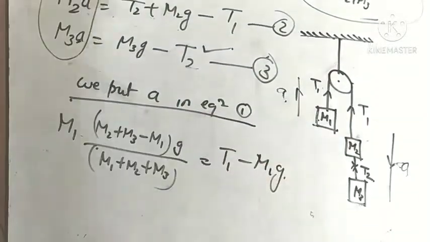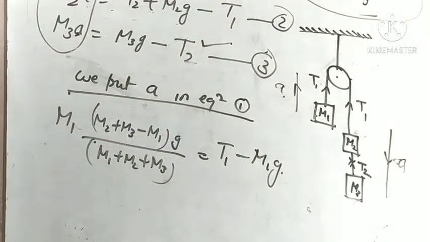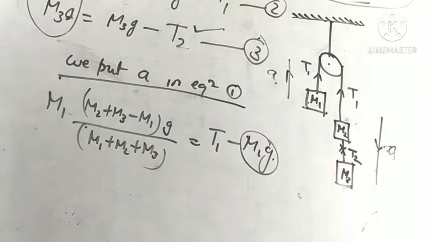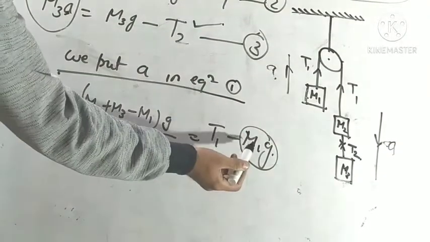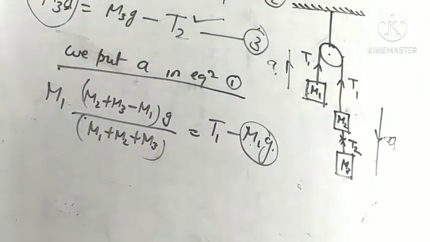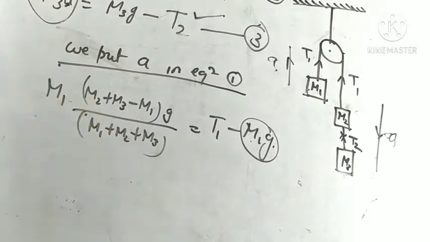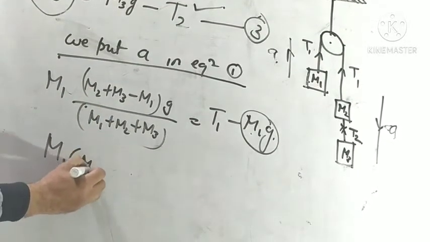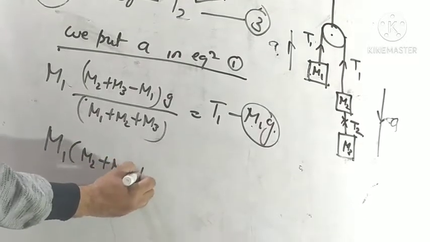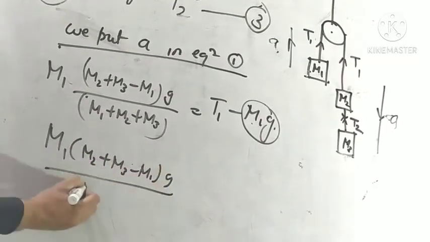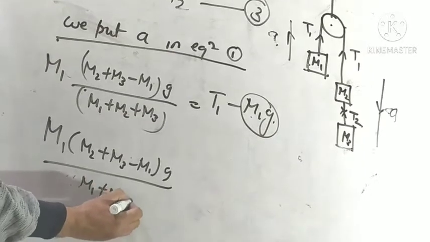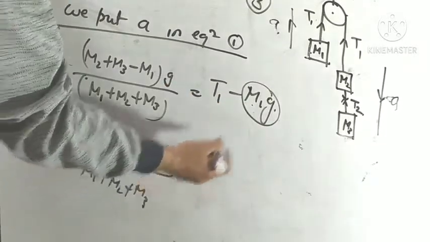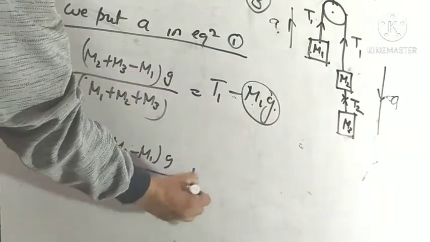Now we have to find the value of T1. We take this term from the right hand side to the left hand side, and the sign changes to plus.